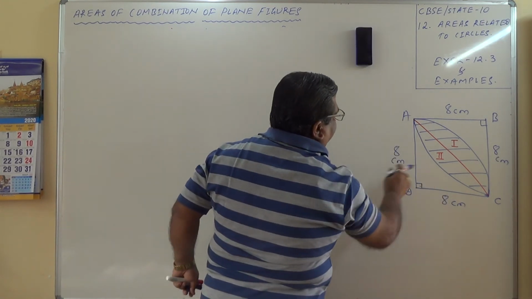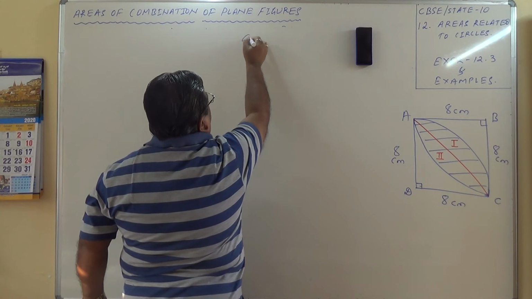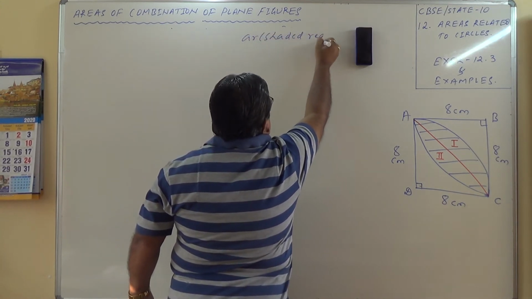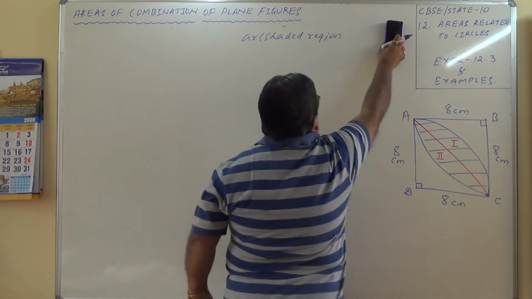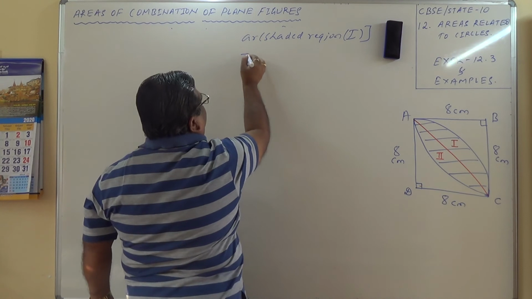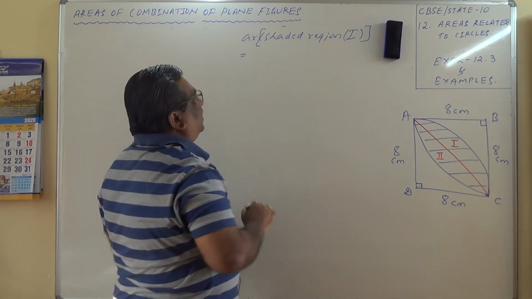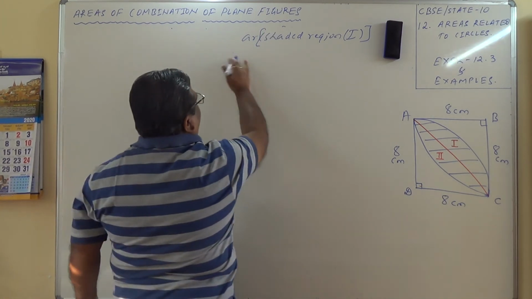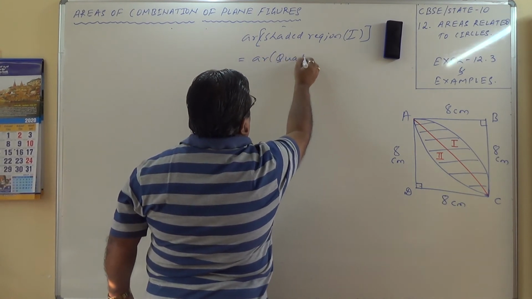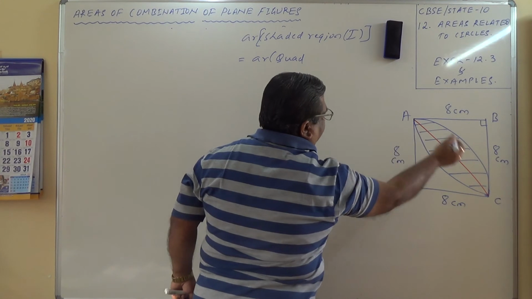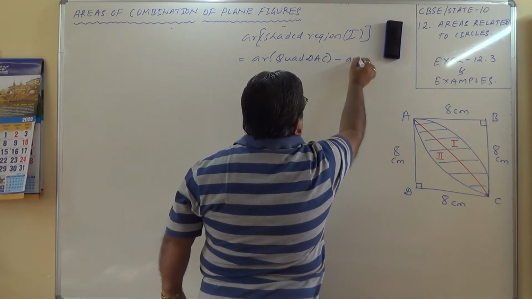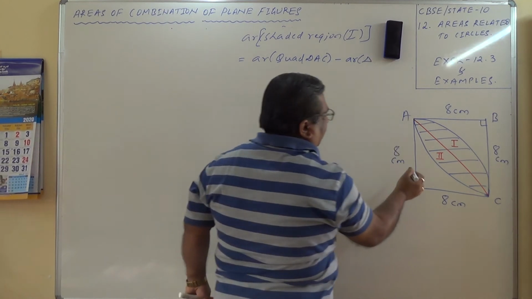So area of shaded region 1 is equal to area of quadrant DAC minus area of the triangle DAC.